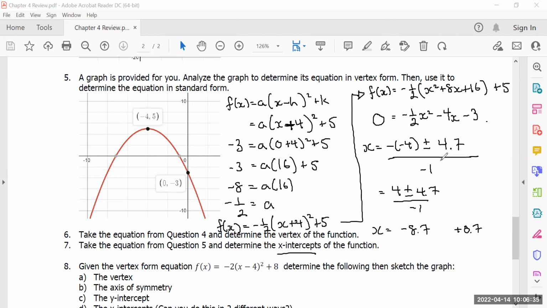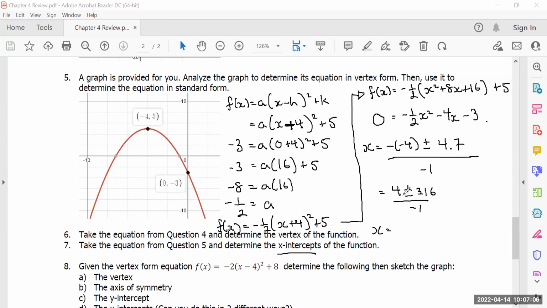We have negative b plus minus the square root of b squared minus 4 times a times c. Oh, that's a square root of 10. Sorry, yeah, I did make a mistake. 4 plus minus 3.16.